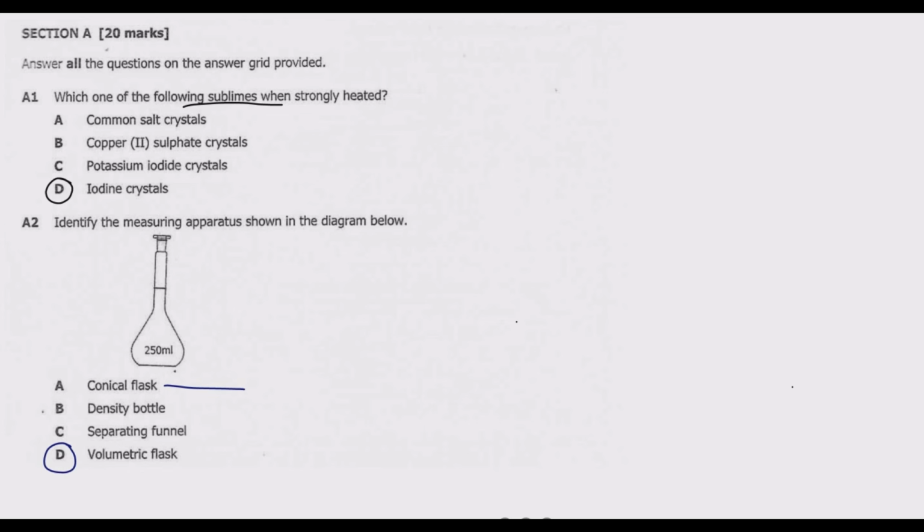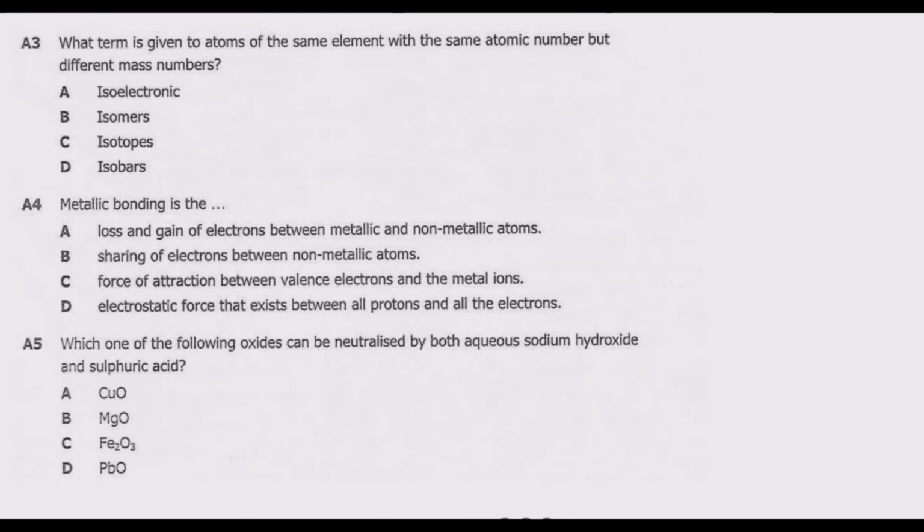So this is how you answer question 2 and the key things you need to know related to apparatus. Let us look at question 3. What term is given to atoms of the same element with the same atomic number but different mass number? What is key here is the same element with the same atomic number, but different mass number.